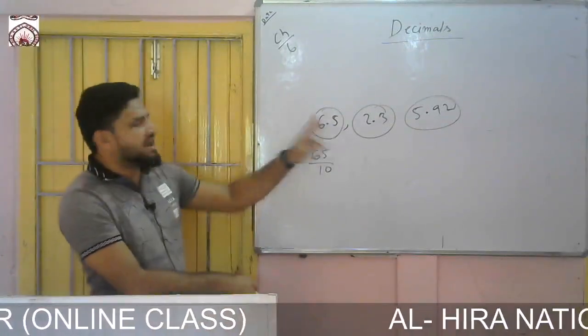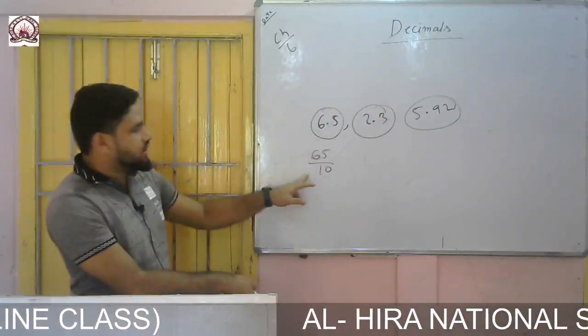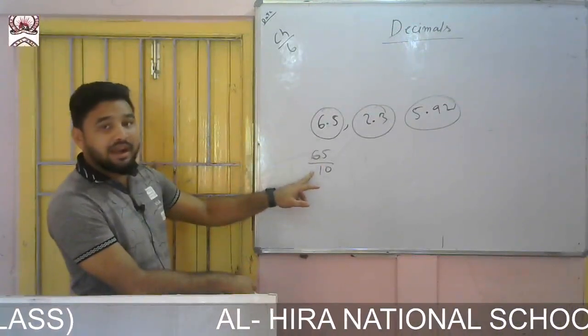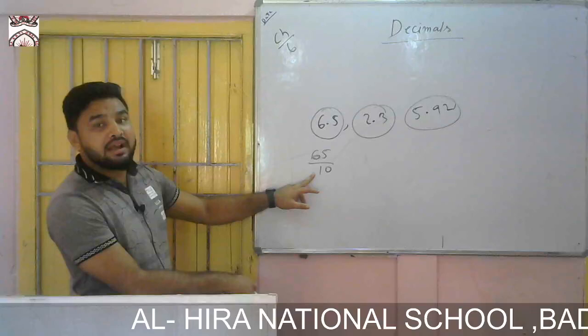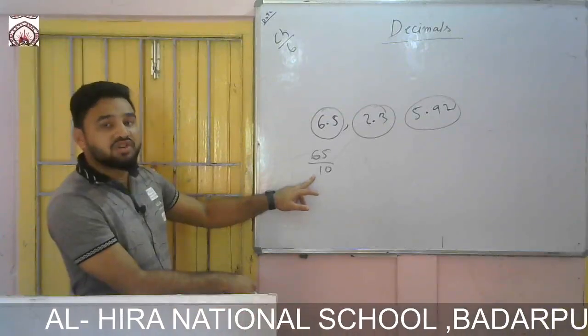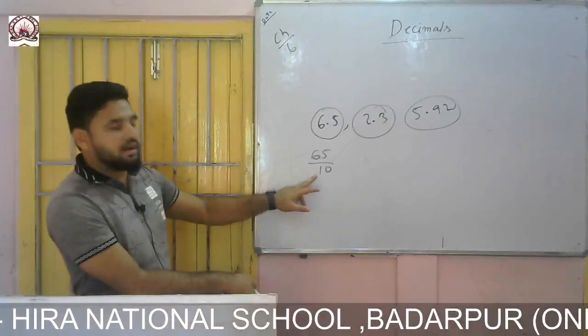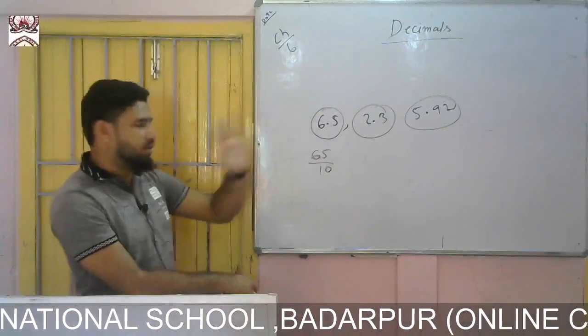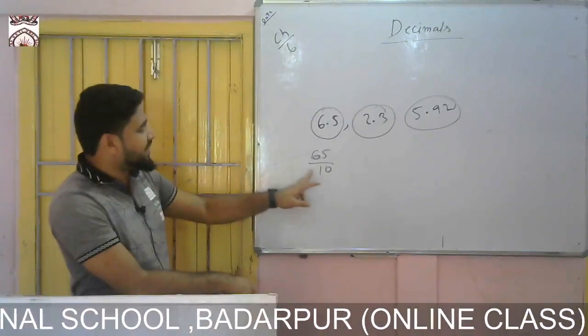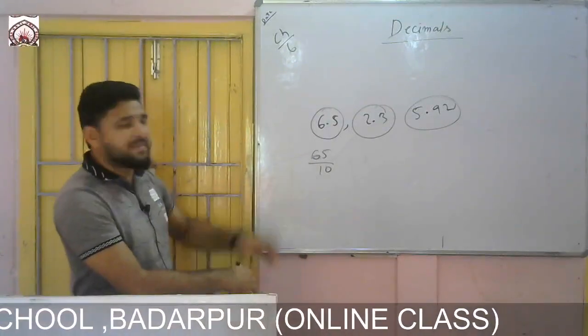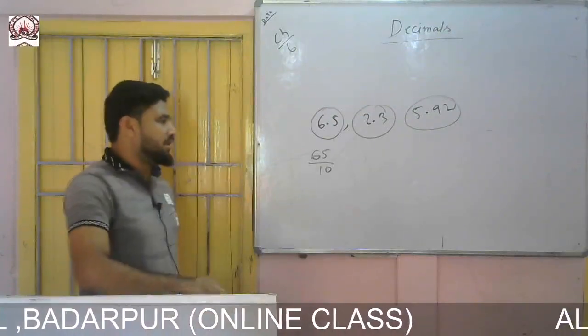You see this 6.5 is nothing but a fraction, 65 by 10. And I said a decimal fraction is a fraction whose denominators are 10, 100, 1000, 10,000 and so on. Now how it is 65 by 10, I shall tell you later on.